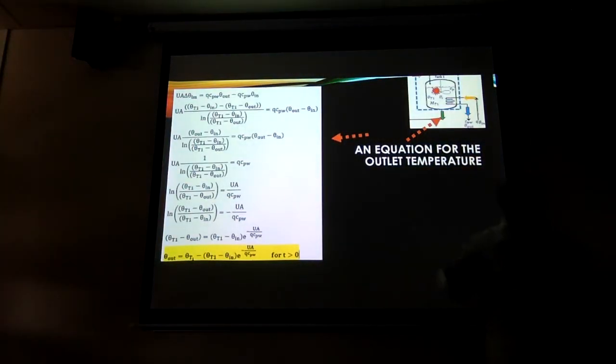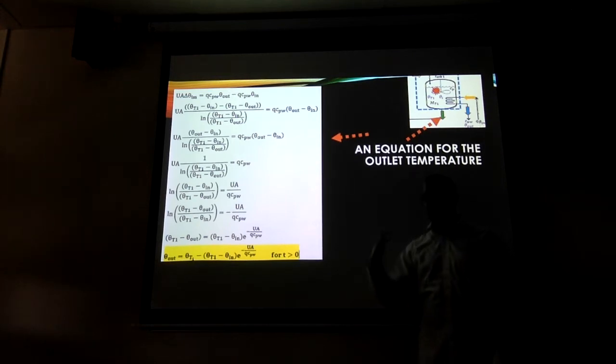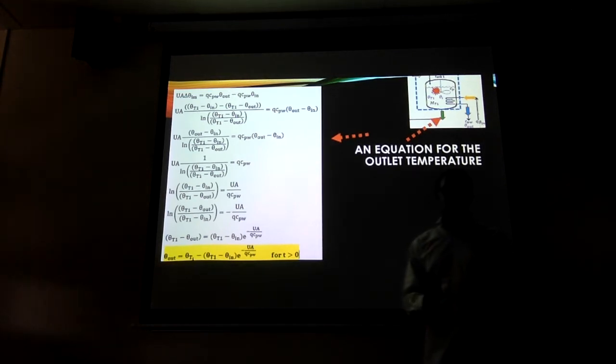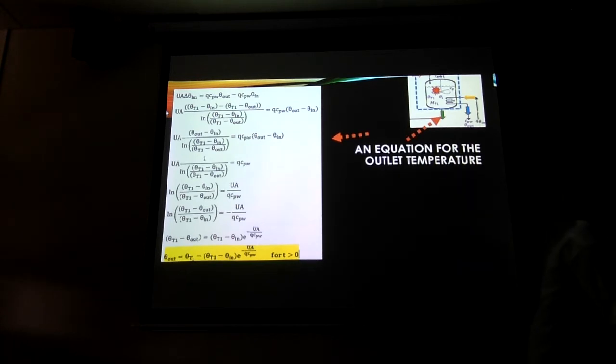So it's 0. dT/dt is 0. And if you do that, then you come up with this equation, the one here. And then you just do a bit of algebra.